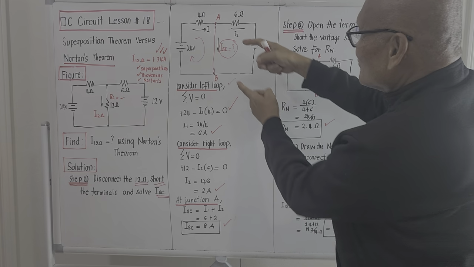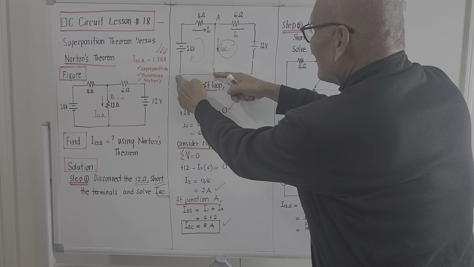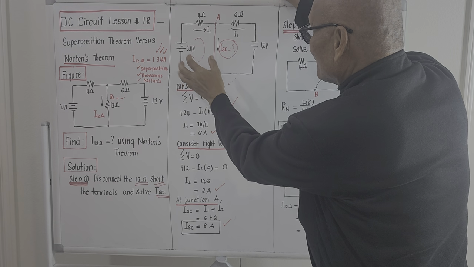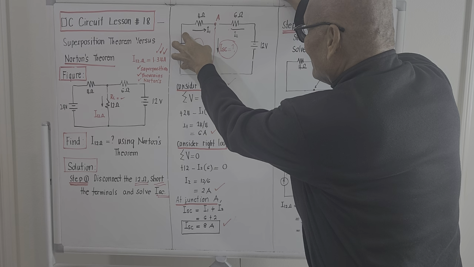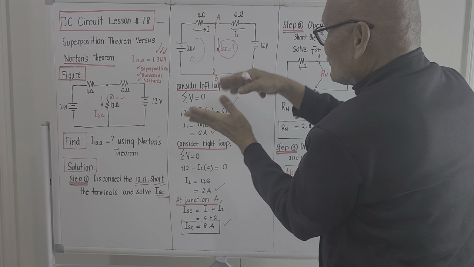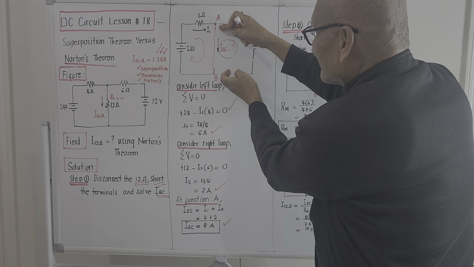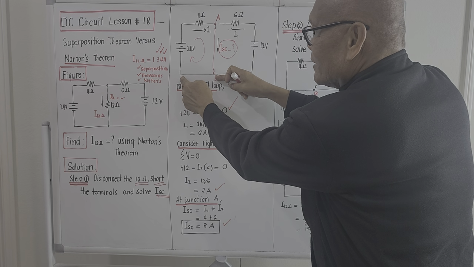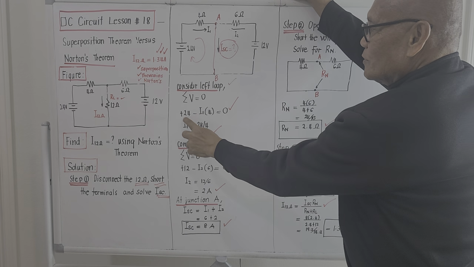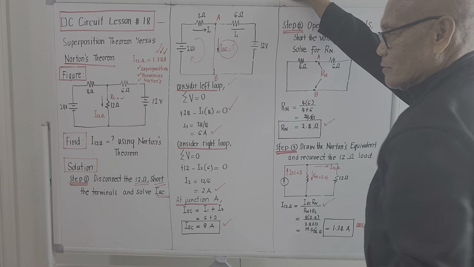Because there is no more voltage drop here. The summation of the voltages is simply this voltage source minus the voltage drop, because we assume that the resistance of the connecting wire is 0. So there will be no voltage drop here. Considering the left loop, it will just be 2 terms: plus 24 minus I sub 1 multiplied by 4, equal to 0.